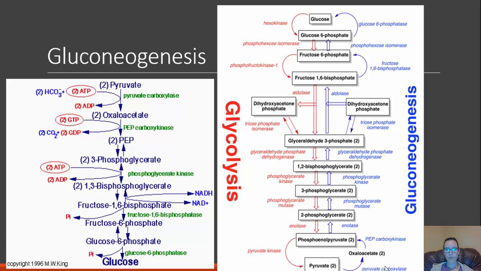Now, the interesting part of this, so here we show it upside down. This is just the gluconeogenesis moving from pyruvate to glucose. But gluconeogenesis from 2 pyruvates up until this stage here of the 1,3-bisphosphoglycerate actually consumes 6 ATP, okay? So that's important to remember.